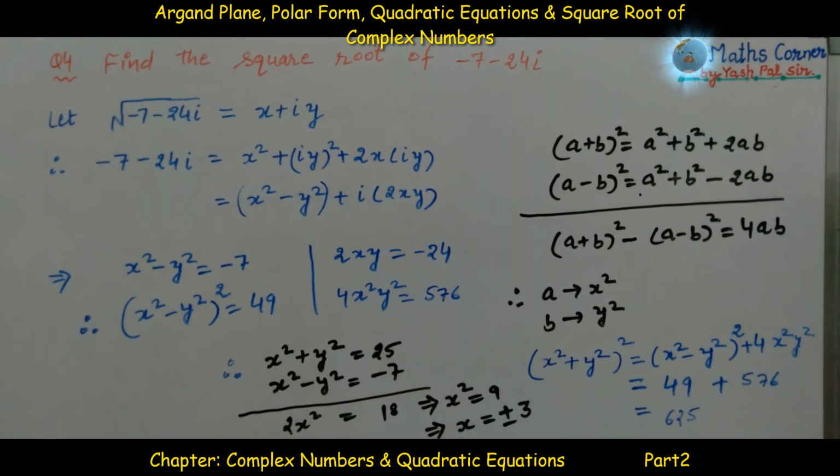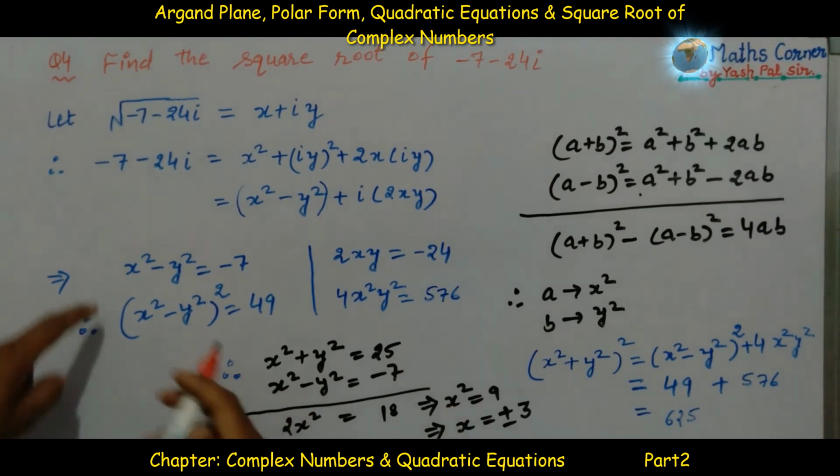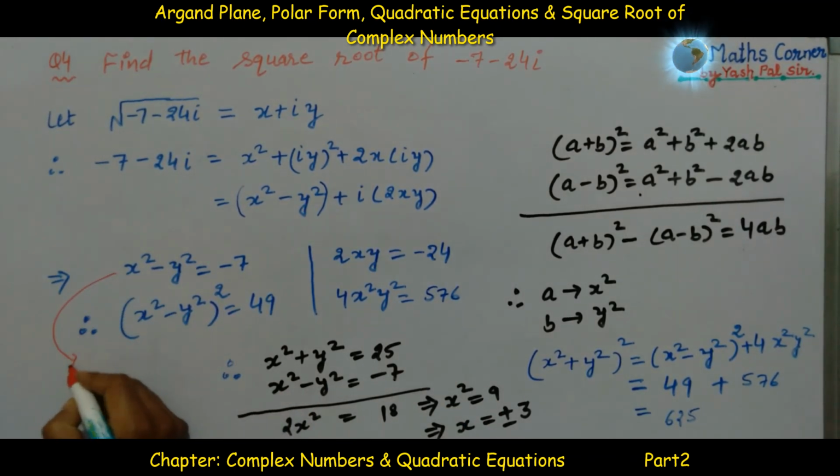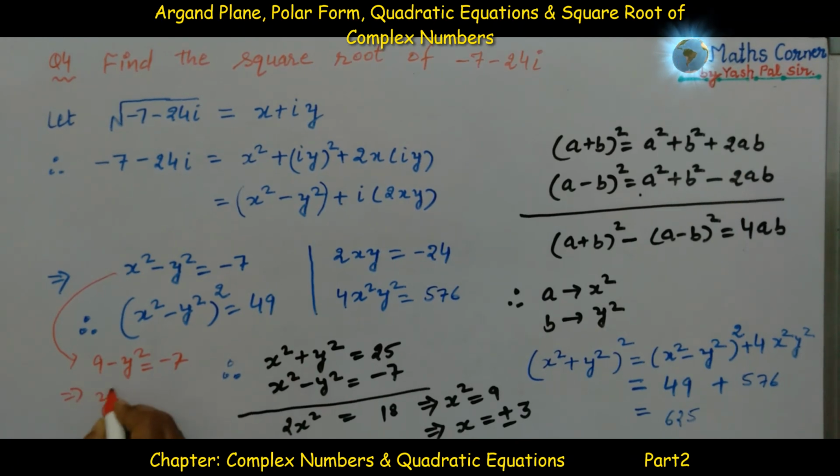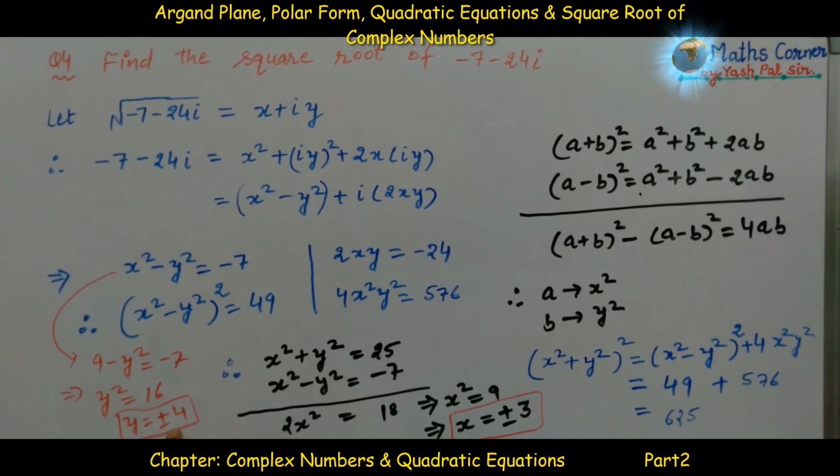Now substituting x square is 9 here, 9 minus y square is equal to minus 7. So y square is equal to 9 plus 7, which is 16, and y is plus minus 4. So these two values are obtained: x is plus minus 3 and y is plus minus 4.